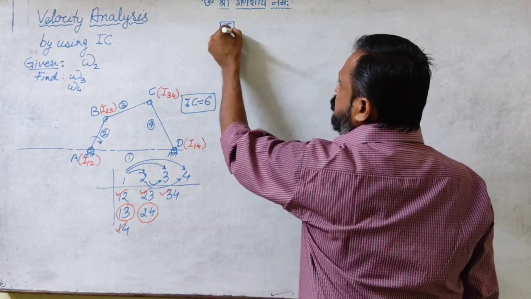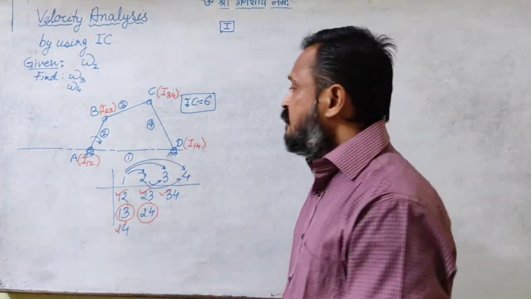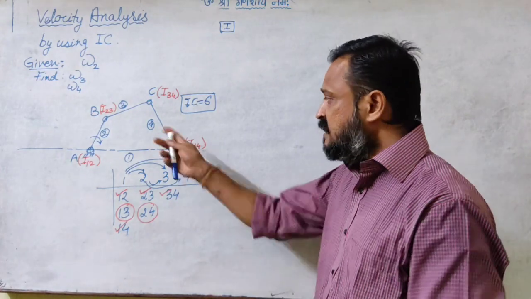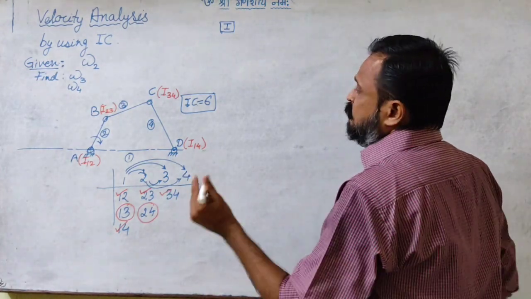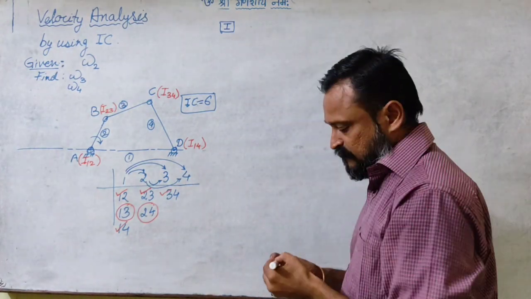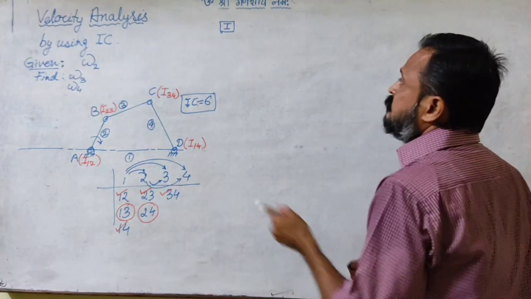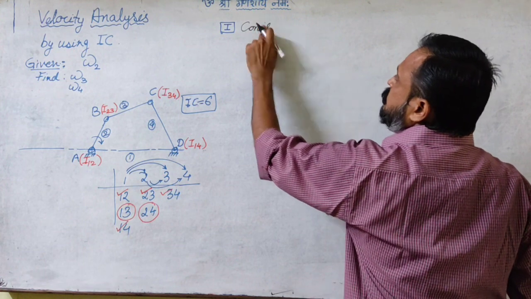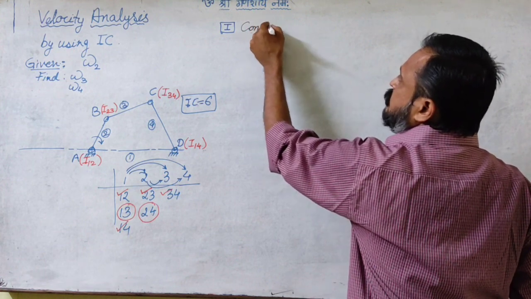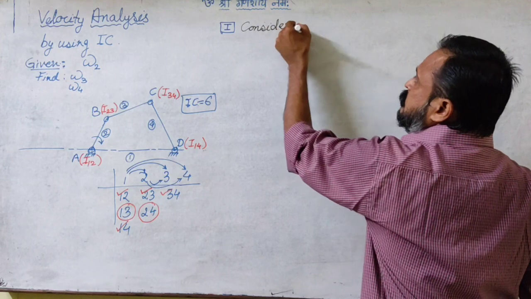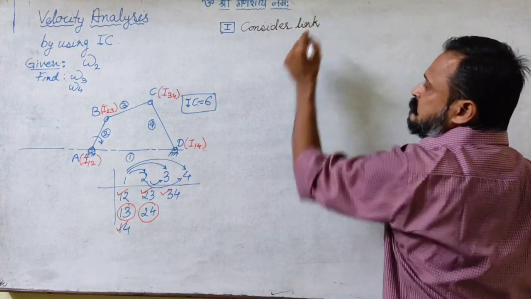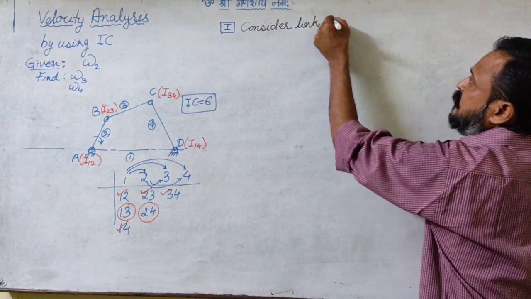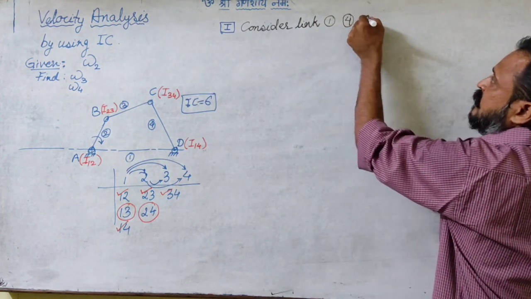So let us take the first situation, wherein I am going to consider three rigid bodies out of this mechanism. Let us consider links 1, 4 and 3.